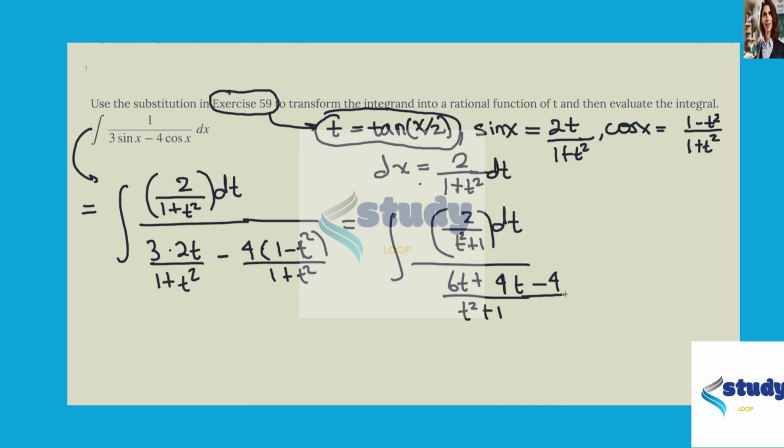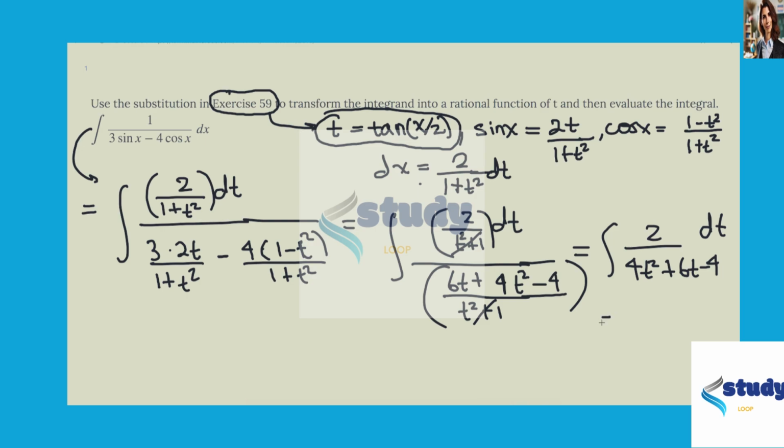So this is in the bottom, and then let's go ahead and cancel those denominators of t squared plus 1. And then we have, pardon me here, this should have been a 4t squared. We have 4t squared plus 6t minus 4.